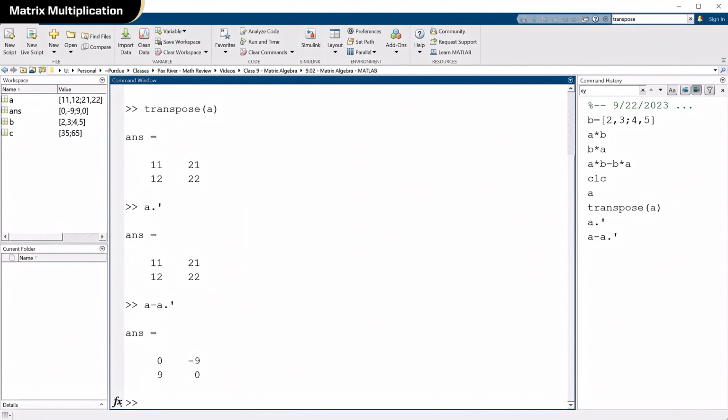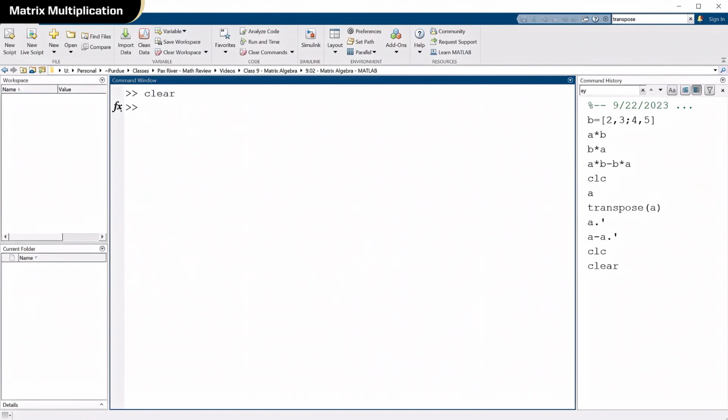Now let's revisit matrix multiplication for a few minutes. I'm going to clear the command window, and I'm also going to clear the workspace. Let's pull up A. Let's do this symbolically one more time.